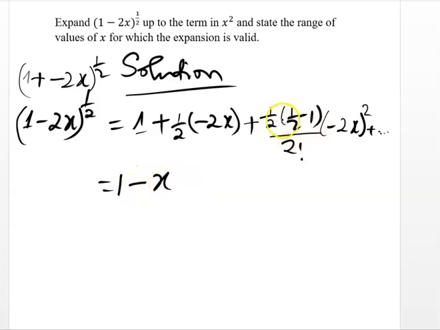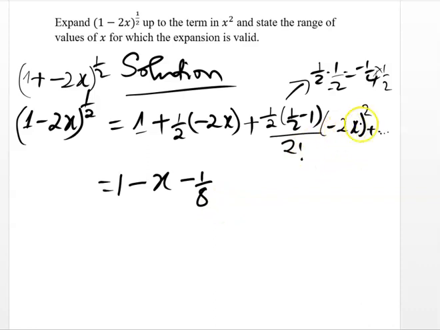Half minus 1 is negative half, and negative half times half is negative 1 over 4, divided by 2 factorial, which is negative 1 over 8.